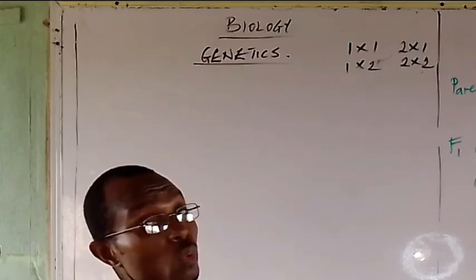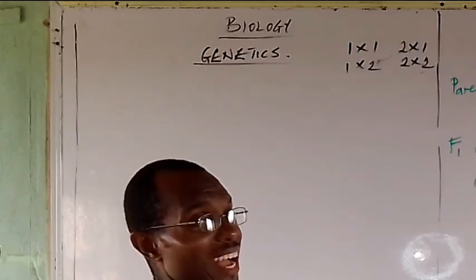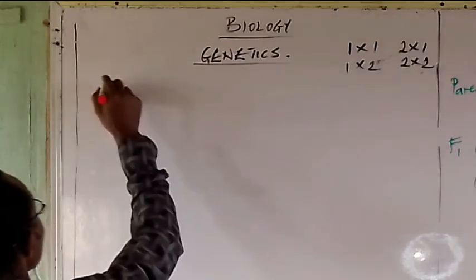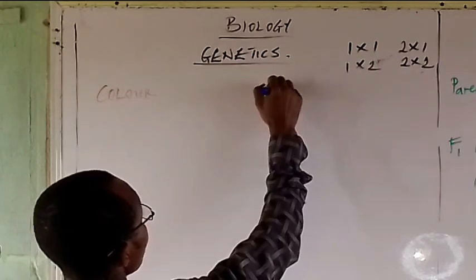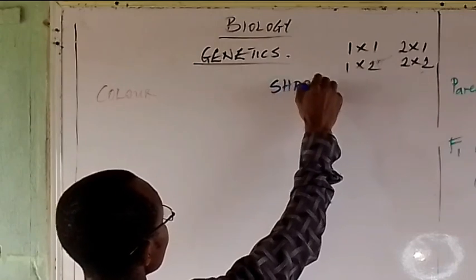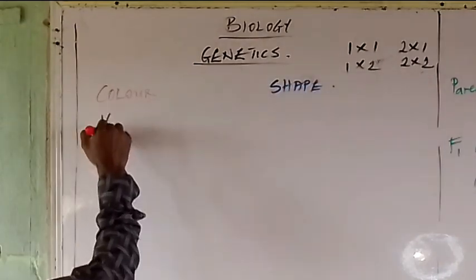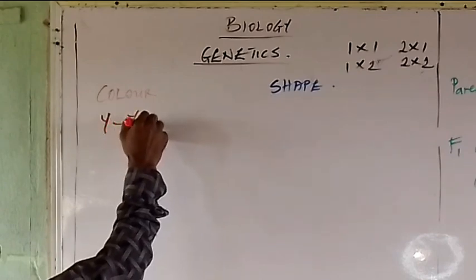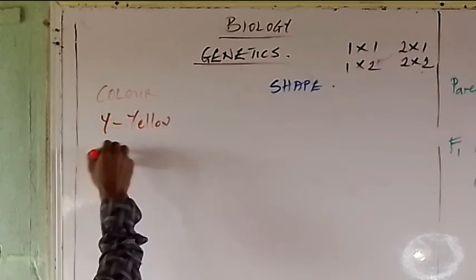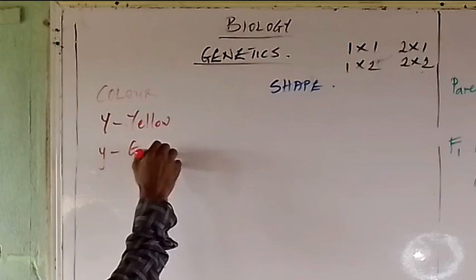First and foremost, we want to use color and then shape. For color, I'll be using Y, and the capital Y is yellow, and small y is going to be green.